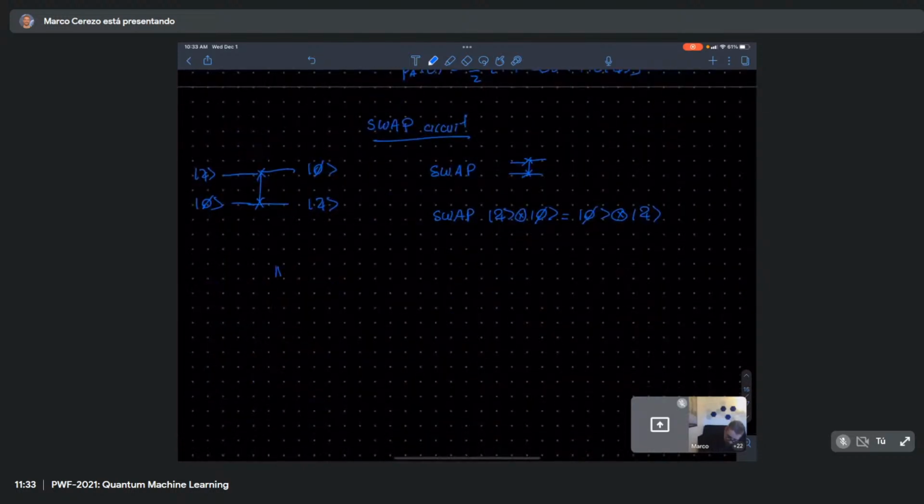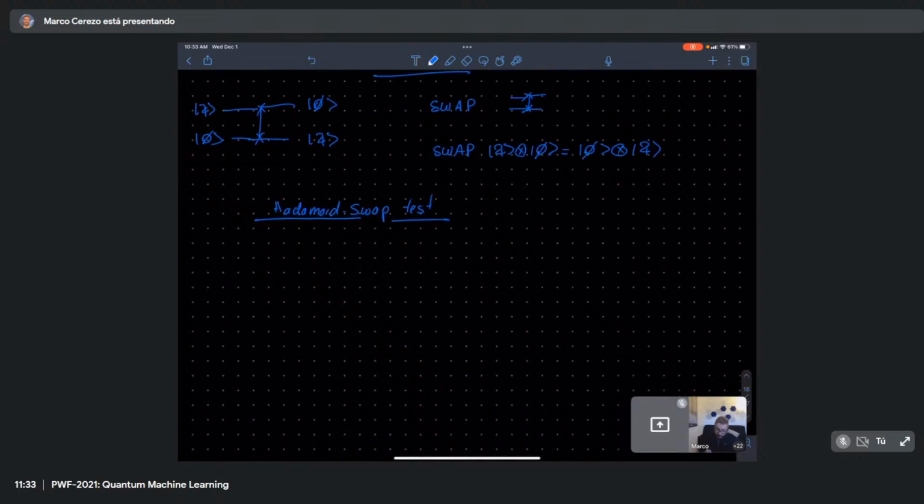So we can introduce, for instance, what is called the Hadamard swap test. So now you can see why I was telling you that quantum circuits and quantum computing can be thought of as Legos that you're piecing together to do more interesting things, right? So how does the Hadamard swap test work? First, it has an ancilla.